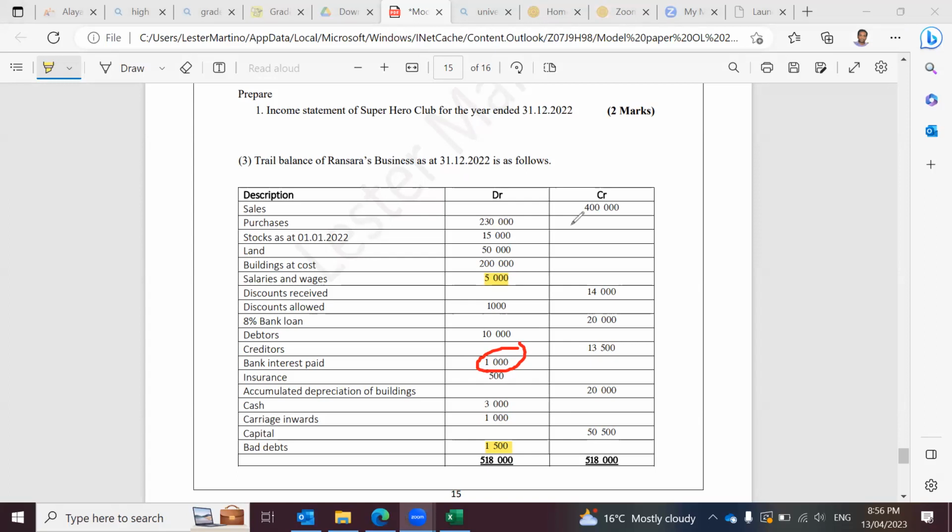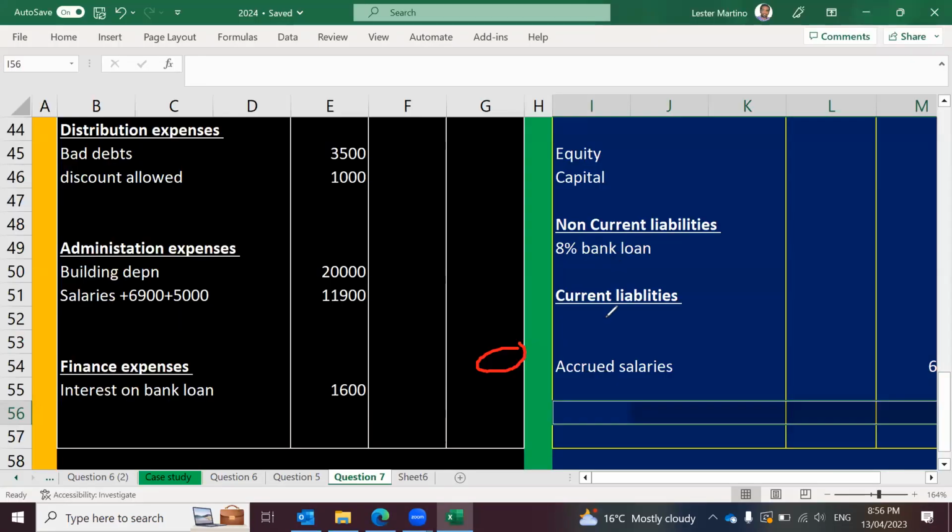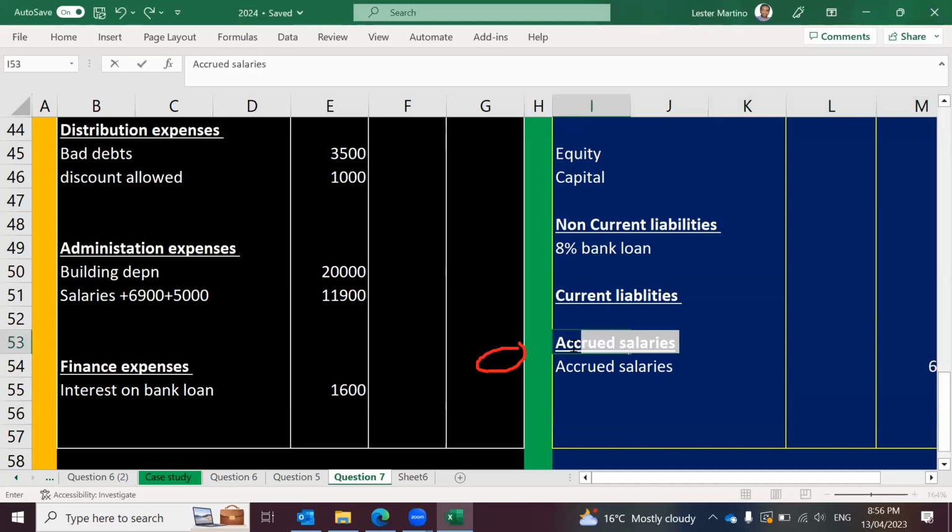Is it clear? So what you're supposed to do here? Your total expense is 1,600 and you paid 1,000. So balance 600 will come under accrued expenses or accrued bank loan interest. So write it down. Accrued bank loan interest or accrued interest.